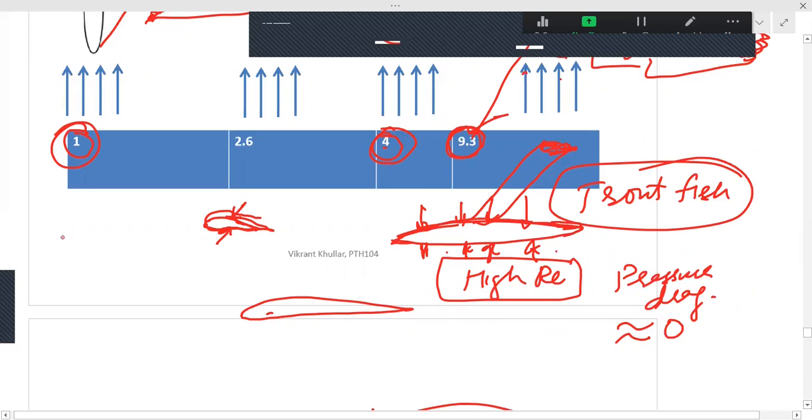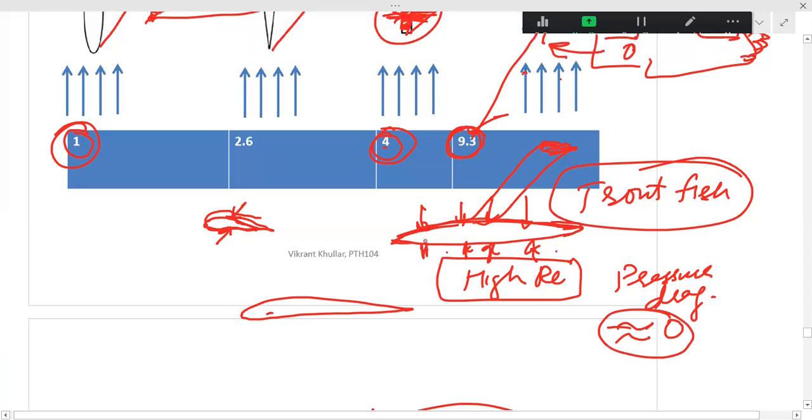So please remember, the very definition of a streamlined body is a body which at high Reynolds number has nearly 0 pressure drag. You should always define a streamlined body this way.